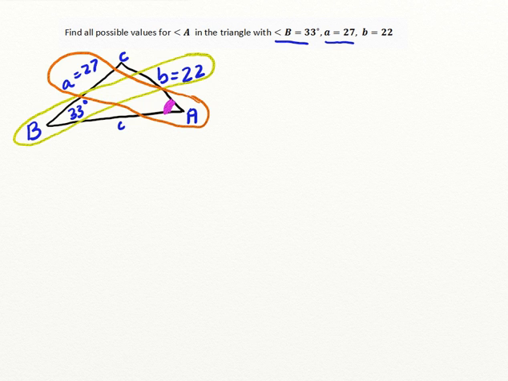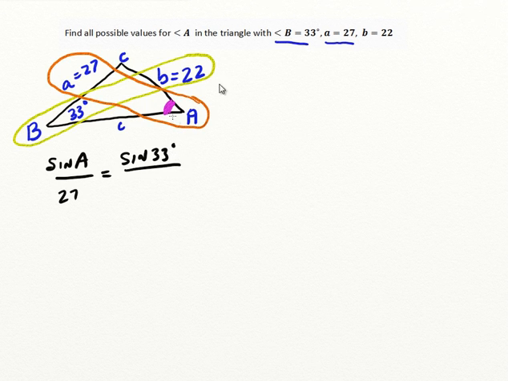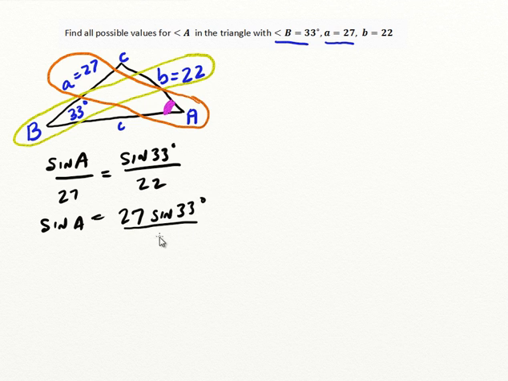So I have two complete measurements, and that means that I can write the ratio of sine A, I'll put the angle on top to make it easy to solve, over 27 equals sine of 33 degrees over side b, which is 22. With one step, I can isolate sine A, so I'll just move the 27 over to the other side, and it will be 27 times the sine of 33 degrees, all of that divided by 22.